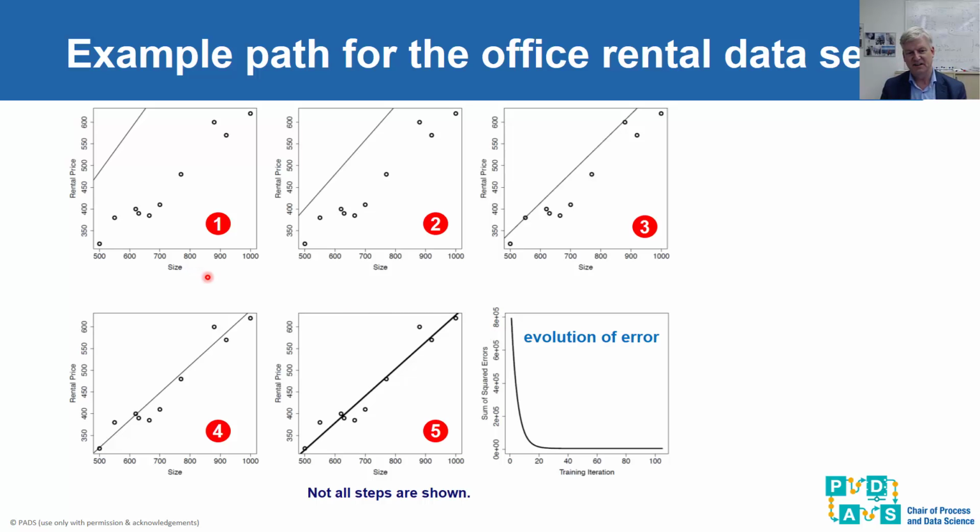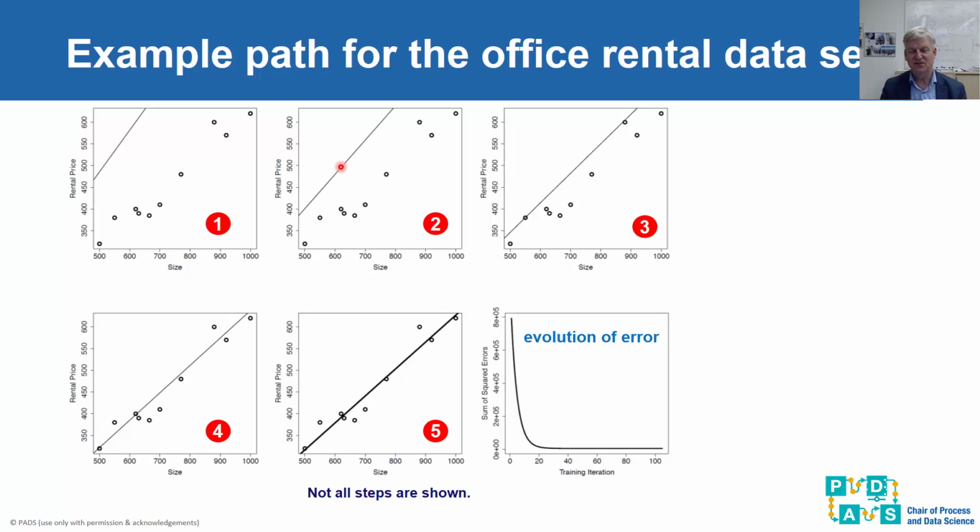That is done here. So in these diagrams, I do not show all the different steps, but I show some intermediate regression lines. So this is my initial regression line, and then using gradient descent, I'm changing my weights to lower the error, and then I get this.